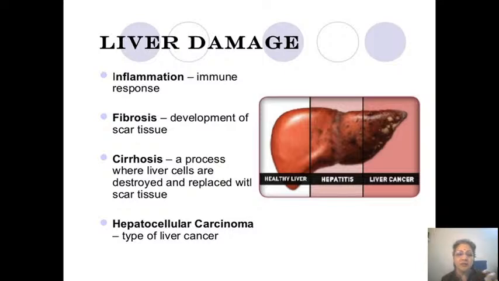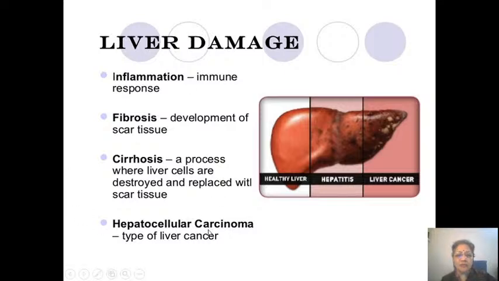Cirrus, the Greek root, is stone, stony hard. The liver becomes hard because its soft, pliable parenchymatous tissue is replaced by fibrous tissue, which is of no use. It can't do hepatocyte function. So liver function will come down and liver texture will change to hard.